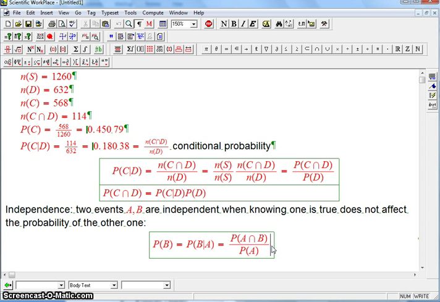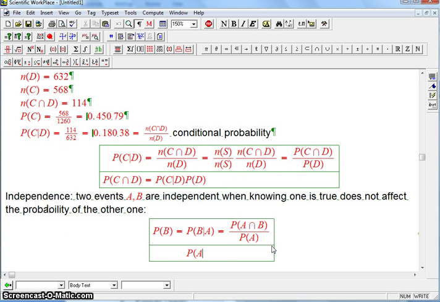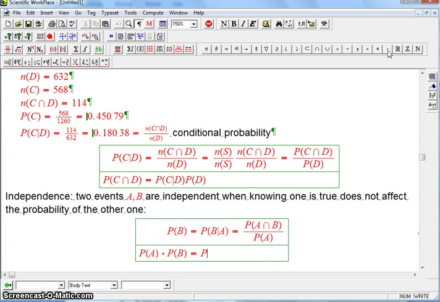Probability A. Okay. Another way to say it is that probability of A times probability of B equals probability of A intersect B. This was something we were wondering about before. Is this always true? This seemed to be true, and it seemed to correspond to our fundamental counting principle. But secretly, when we use our fundamental counting principle and get multiplication, we're always in a situation where somehow things are independent.